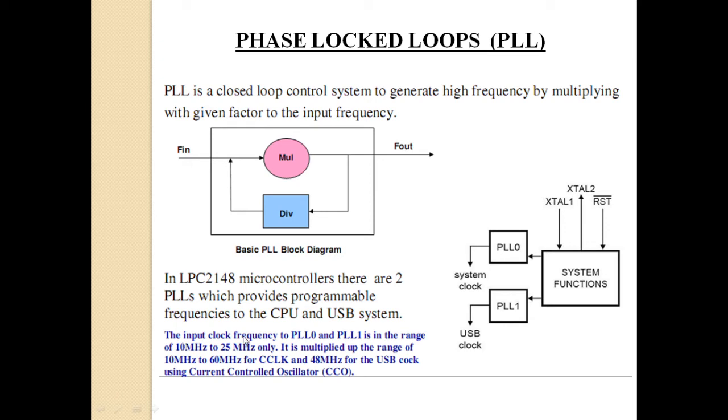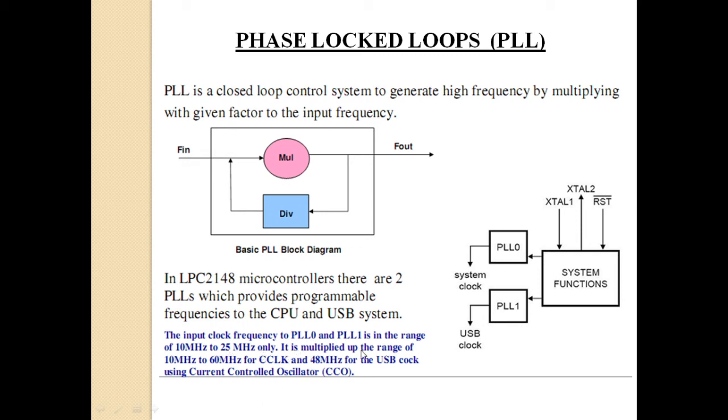There are some limitations also. The input clock frequency of PLL 0 and PLL 1 should be in the range of 10 megahertz to 25 megahertz. The input clock frequency you generate using the crystal oscillator can be a maximum of 25 megahertz; only a 10 to 25 megahertz crystal can be connected there.